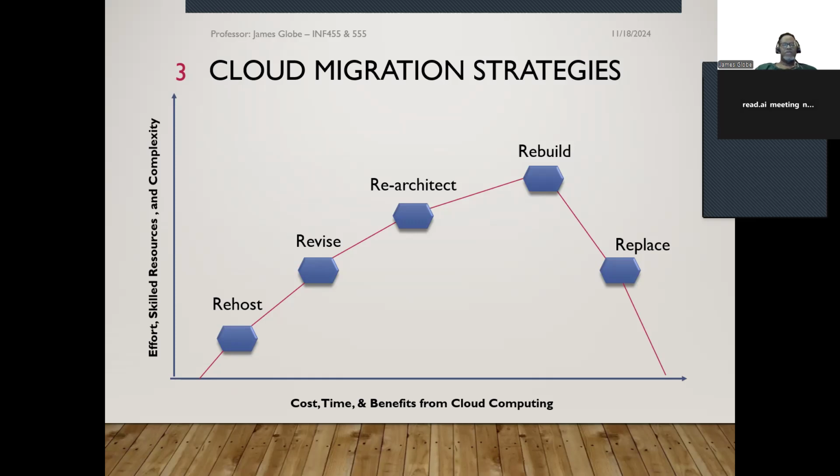Your next approach, which is definitely more expensive, requires more skill set, is a re-architect, where you really take advantage of the cloud environment. Some of this involves really taking a whole different approach to your current architecture, which may be like a monolith, a big legacy server, and all your applications are running on that legacy server, or client server architecture.